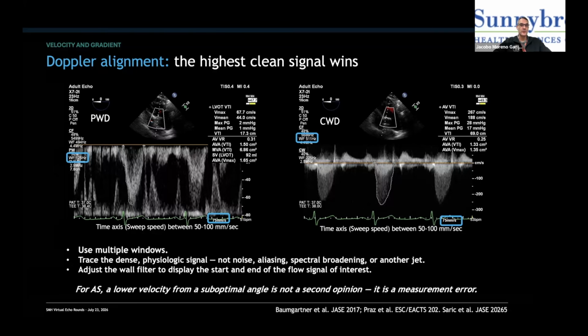You also need to adapt the wall filter, which you can see on the left-hand side of the screen, to display the start and end of the flow signal of interest. And you need to trace the dense and physiological signal, not the noise, not the aliasing, and not the spectral broadening or another jet.